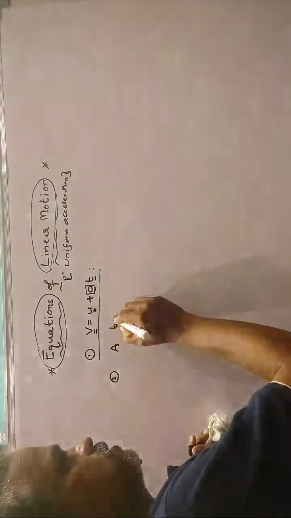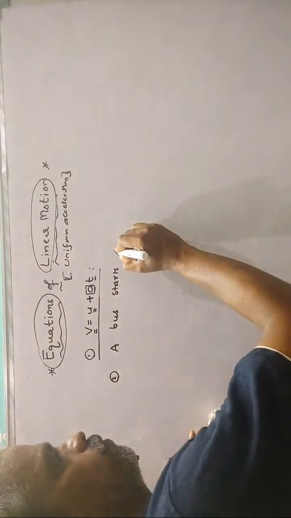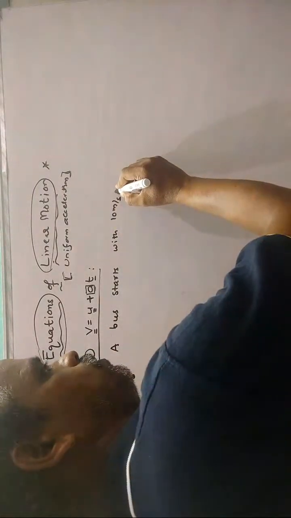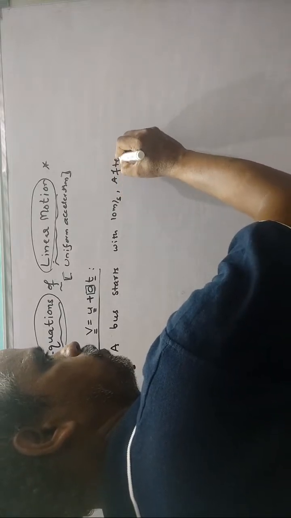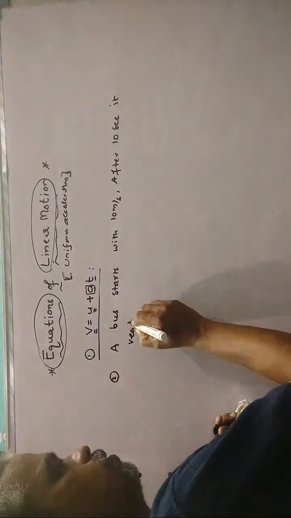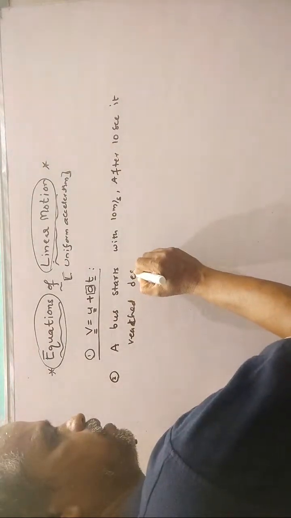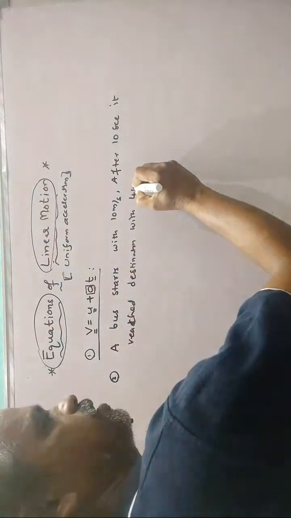A bus starts with 10 meter per second, after 10 seconds it reached the destination with 40 meter per second.